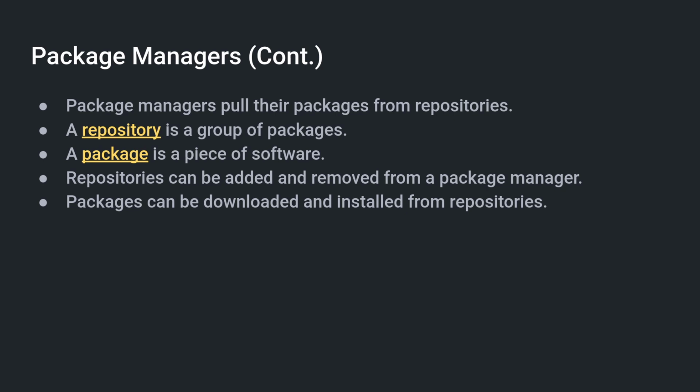A repository is a group of packages, and a package is a piece of software. Repositories can be added and removed from a package manager, and packages can be downloaded and installed from repositories.